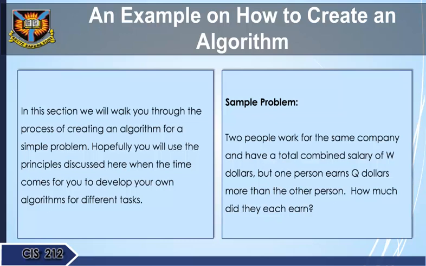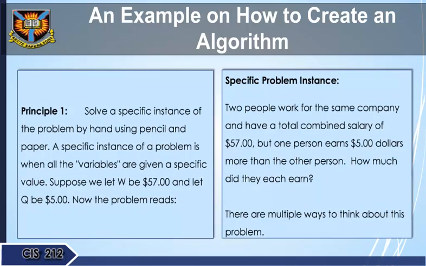Sample problem. 2 people work for the same company and have a total combined salary of W dollars, but one person earns Q dollars more than the other person. How much did they each earn? Principle 1. Solve a specific instance of the problem by hand using pencil and paper.